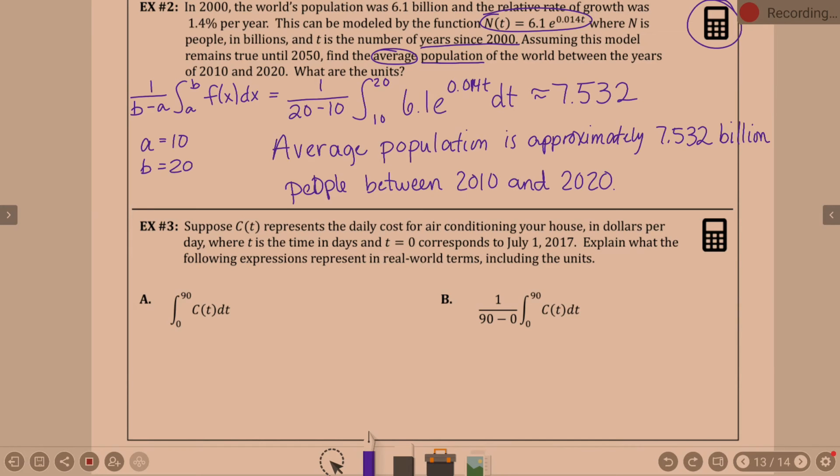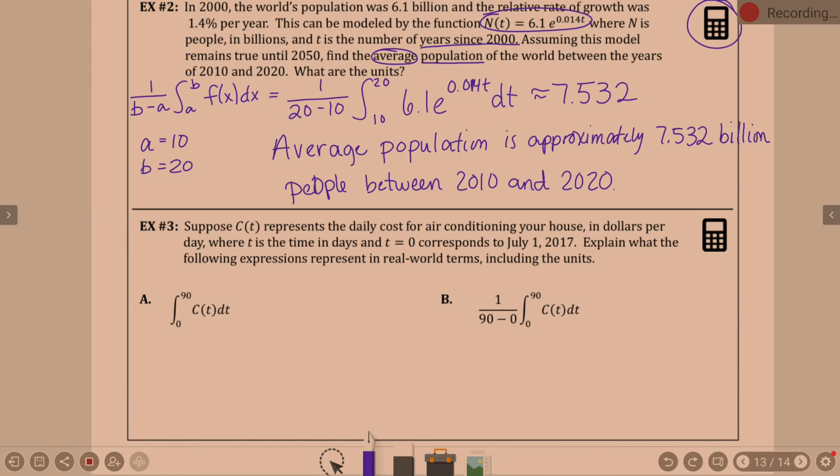Explain what the following expressions represent in real-world terms, including the units. Yeah, there's no math to do here because we don't have a function. We don't have a C of t. So, okay, we're explaining what they mean.